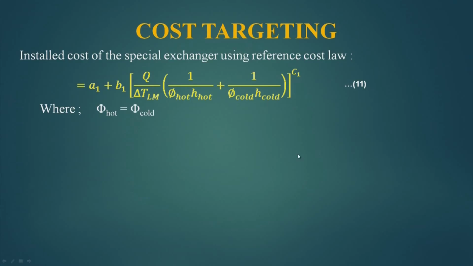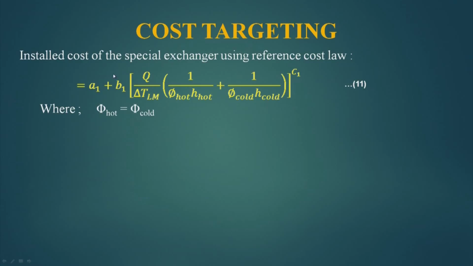Now, here we see that if this stream is the same as the reference stream or uses the reference material, then obviously phi hot will be 1. And if it is not using the reference material, but is using a different material, then there will be a value of phi hot. Similarly, we can talk about this cold stream also.